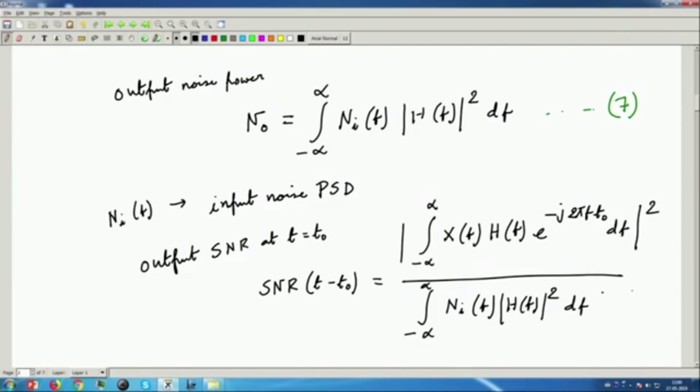So, this is the SNR. This equation let me call equation number 8.